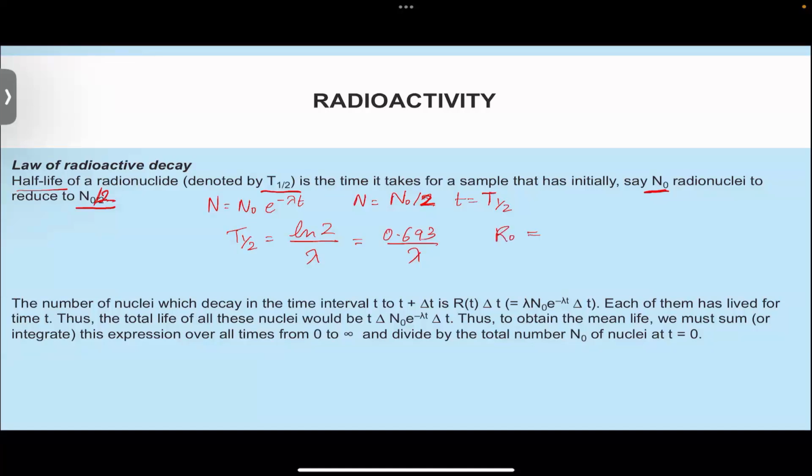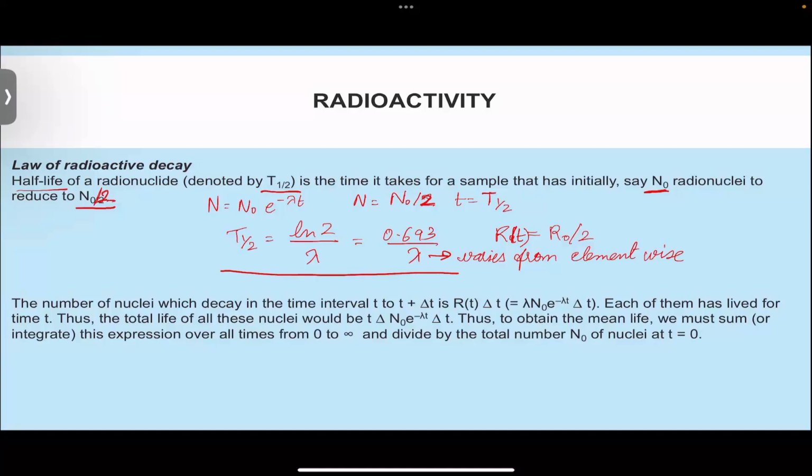R0 will also become R0 by 2 at any time t. So this is how we find the T half. This lambda varies from element to element, so as per the element being used, your lambda varies and then your T half will vary.